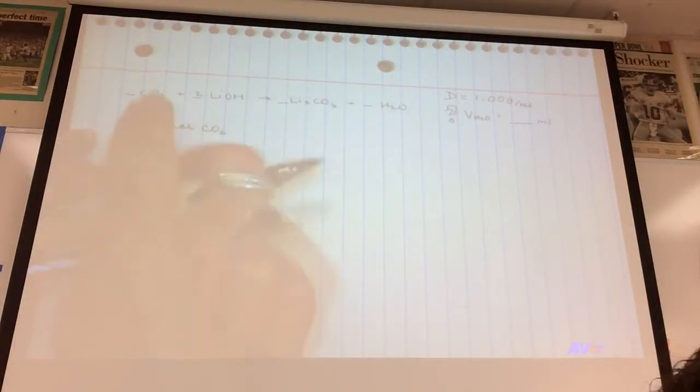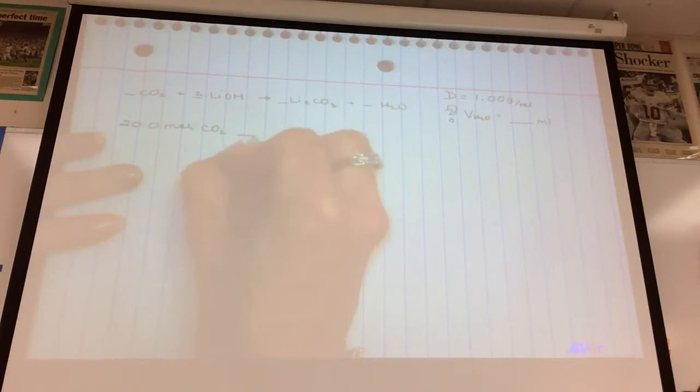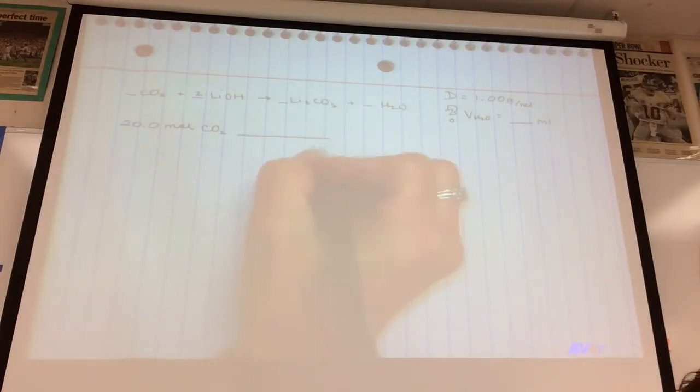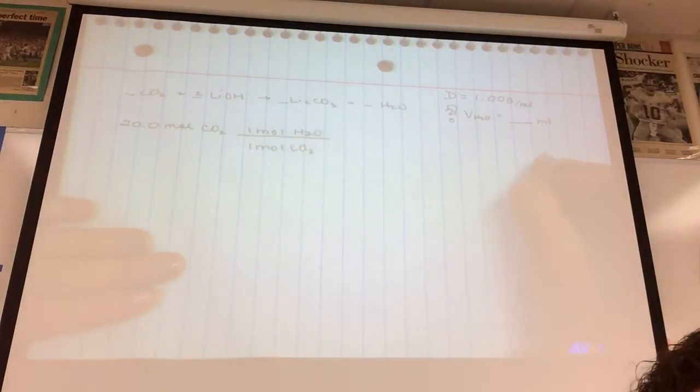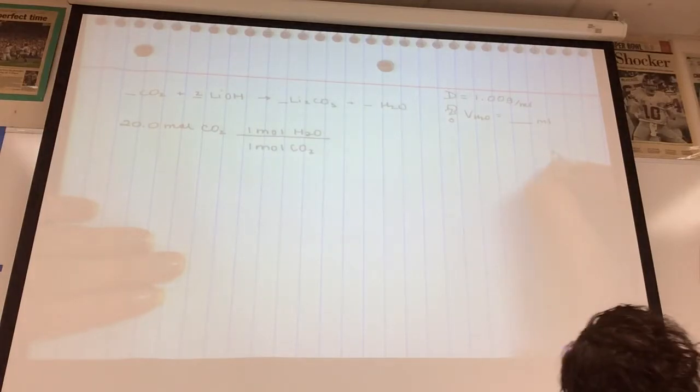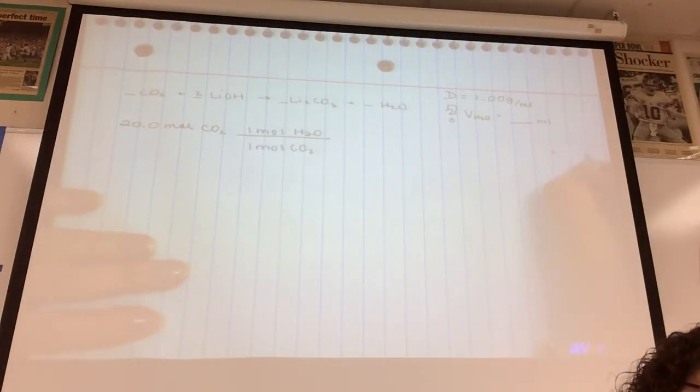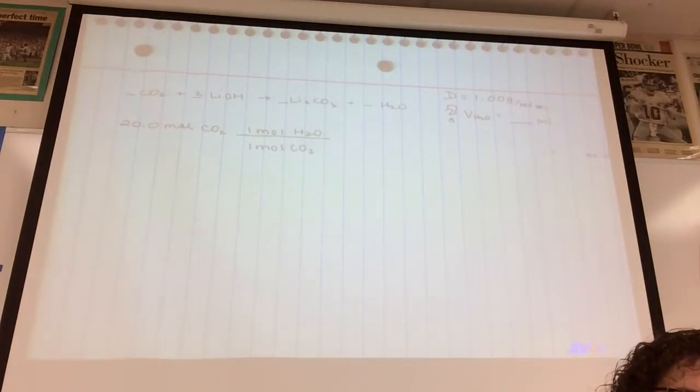If you're ever given moles, what is always the first step in a stoichiometric conversion? Mole ratio from the balanced equation. 1 mole of CO2 to 1 mole of water. And we ultimately want to know the volume of water, and we picked mils because it was the denominator unit in my density.